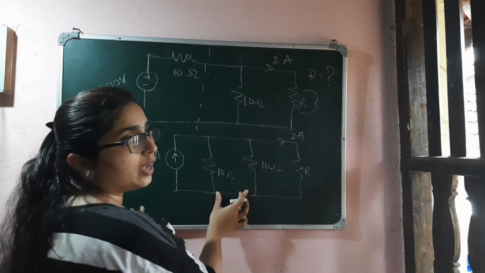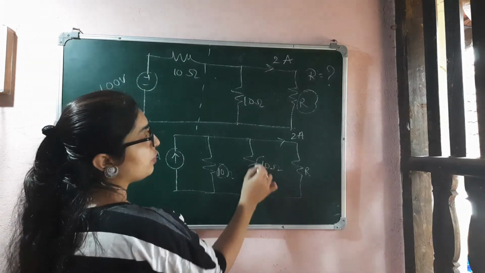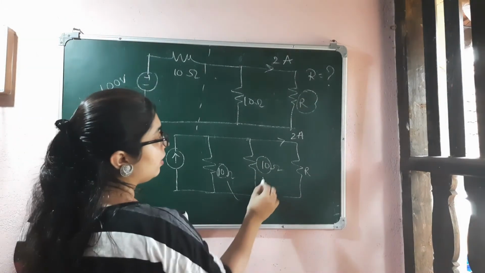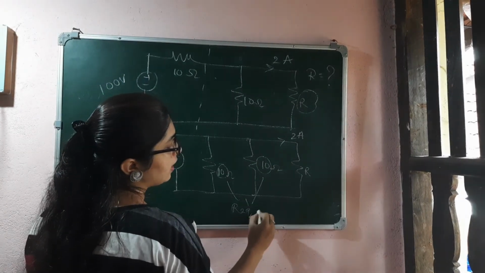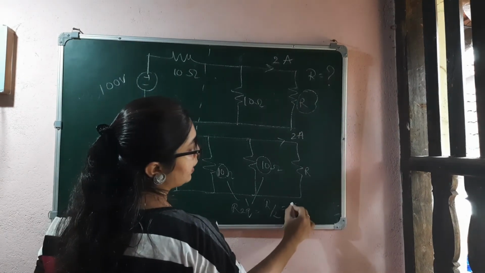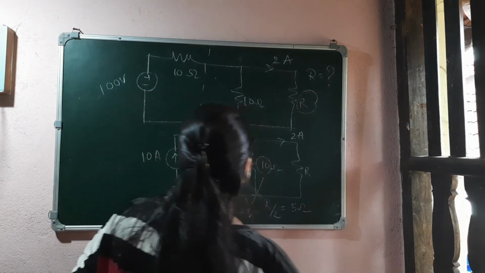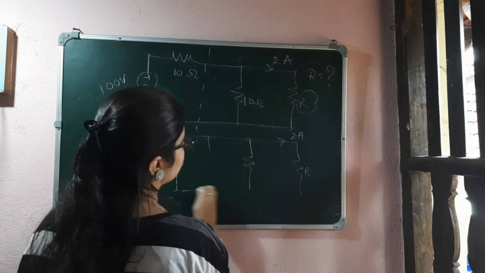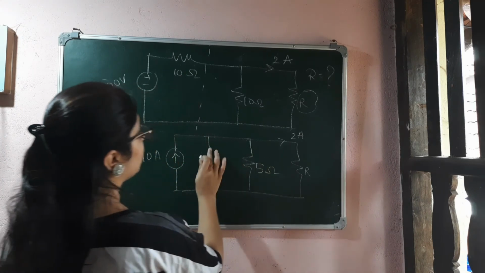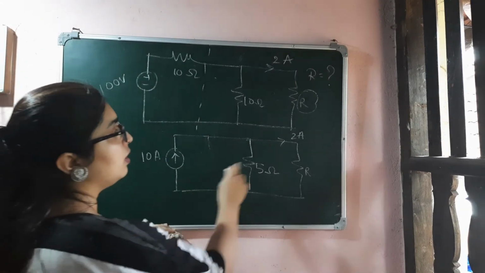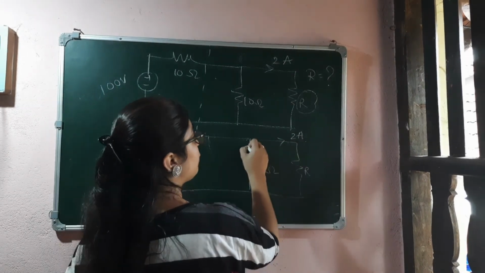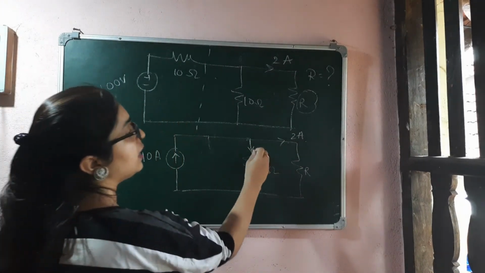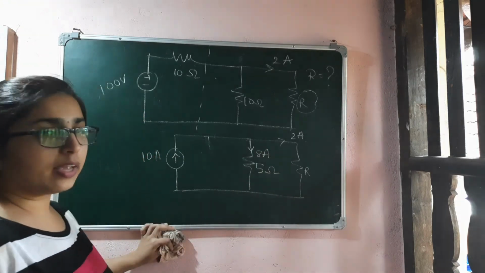Now these two are in parallel. Since these are of equal values, we can take the R equivalent as R divided by 2. So it is 5 ohms, right? Now I will make the modification in this circuit. So this is 5 ohms. See, 10 ampere, if 2 ampere is flowing here, obviously the current that should be flowing here will be 8A.